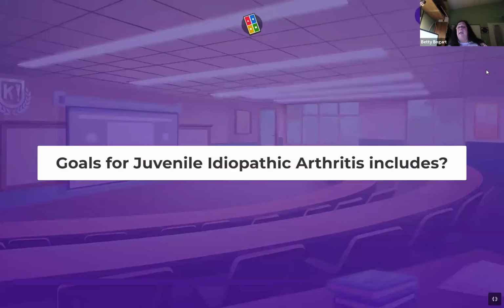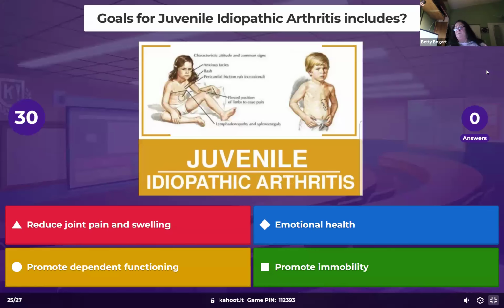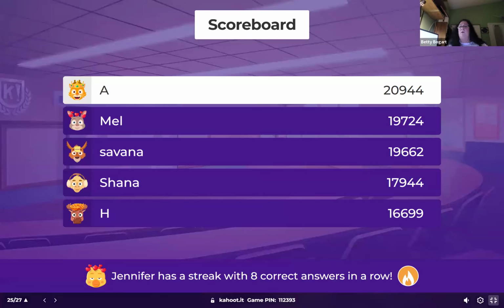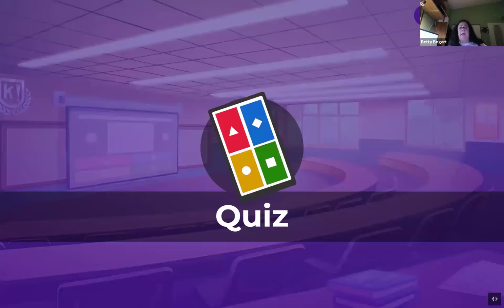Goals for JIA include reducing inflammation in the joints so that they don't hurt.